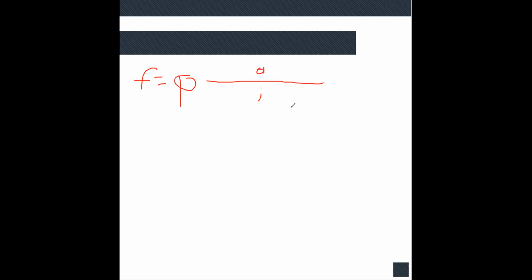Repeat that. So we would get PA for the numerator. Yeah. What else is over here? And we'll get PI for the numerator.